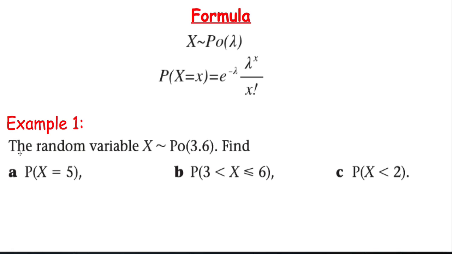So suppose I'm told that a random variable X is distributed with a Poisson distribution with parameter 3.6. Find the probability that X equals 5. Well, what we're going to do is just plug it into the formula. So that's going to be equal to e to the power of minus 3.6, because lambda is 3.6, times 3.6 to the power of 5 over 5 factorial.